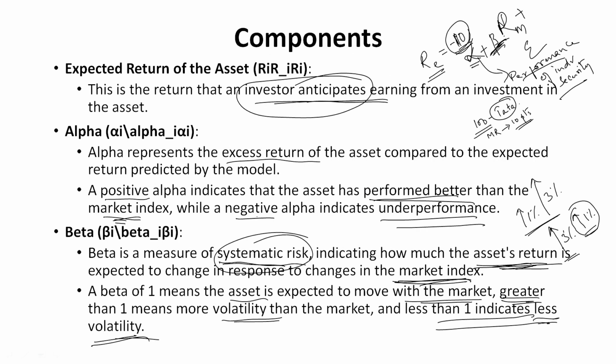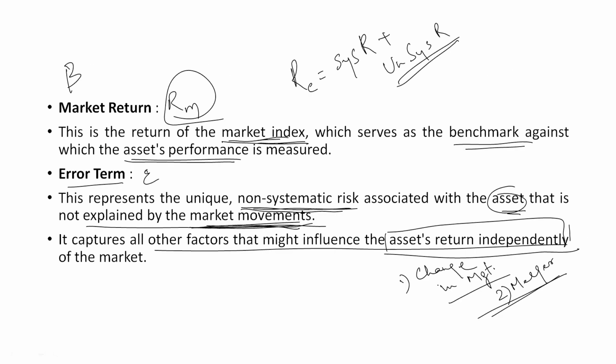I've put it in the earlier graph. So RM is nothing but the market return. Okay, so that's measured, and you keep this as a benchmark of your asset's performance. So whatever change in the market index, its impact on your individual stock, you keep the market index as the benchmark, and then you see whether it is very high, very low, or whatever it is.